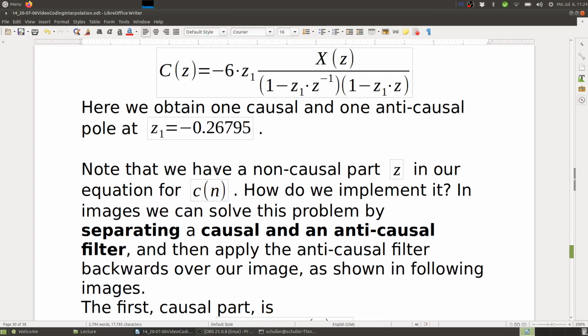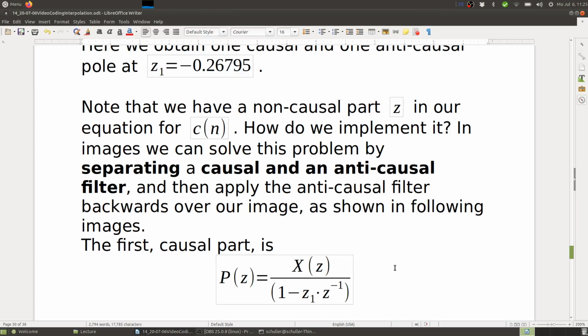Yeah, note that we have a non-causal part z in our equation for C of n. How do we implement it? In images, we can actually solve this problem by separating a causal and an anti-causal filter, and then apply the anti-causal filter backwards over our image, backwards in time, which can be done because the image has no time direction.